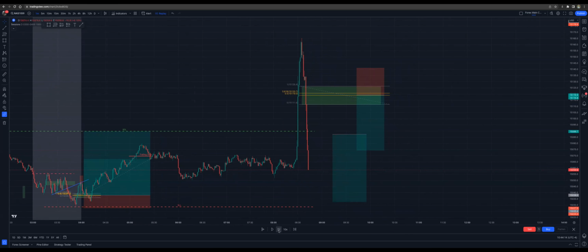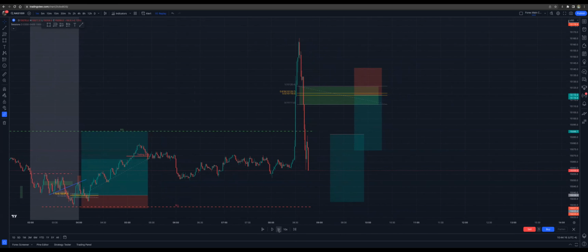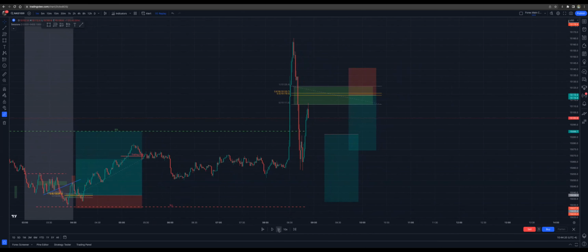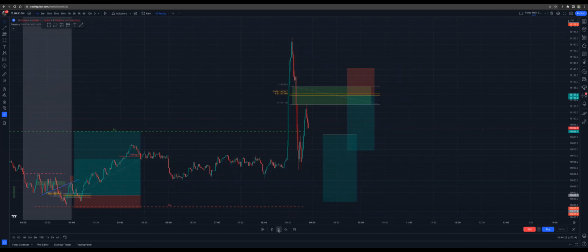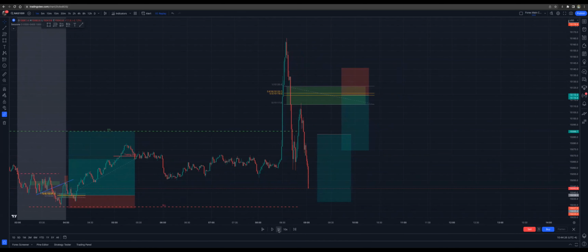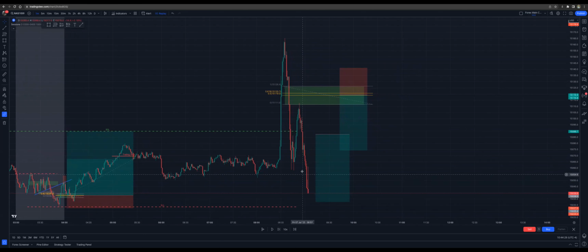So as price keeps going down, I'm just waiting for the pullback. And one thing to note, as I was seeing this fall, I did see another fair value gap here. And that was the lows taken.